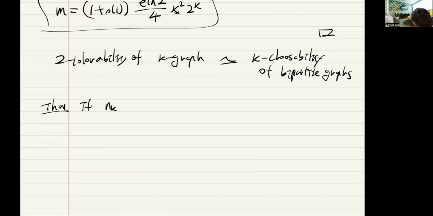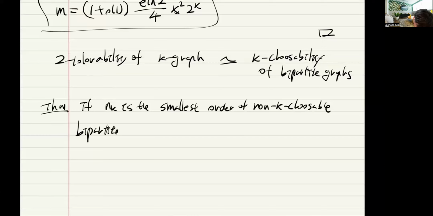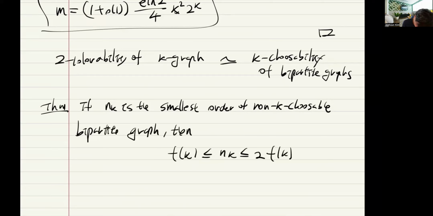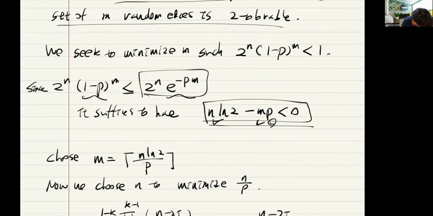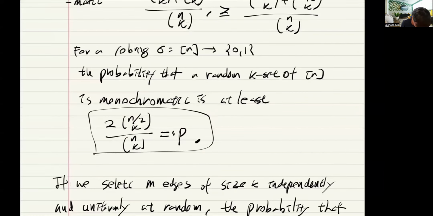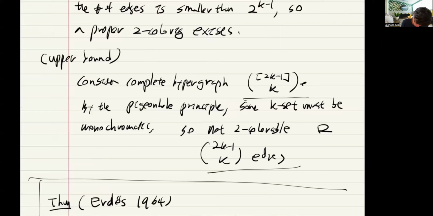So this theorem is known: if n_k is the smallest order of a non-k-choosable bipartite graph, then you know that this relation holds, where this f_k is the smallest number of edges in a non-two colorable k-uniform hypergraph, as here.